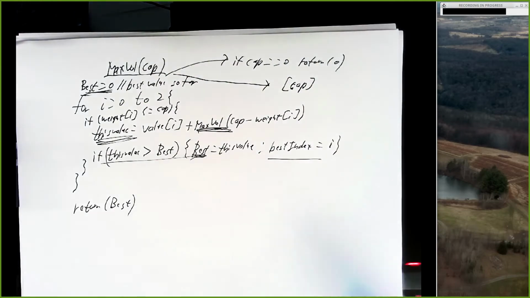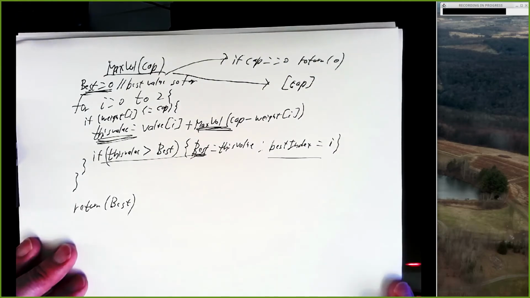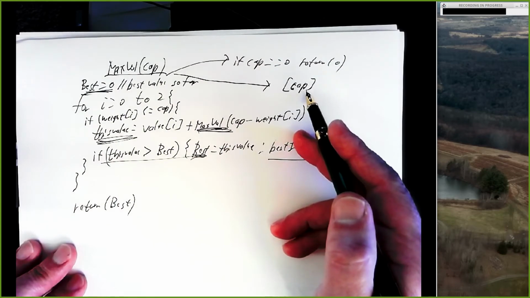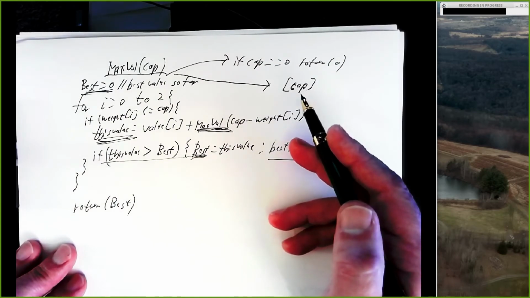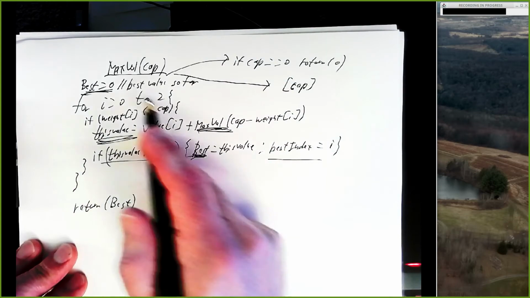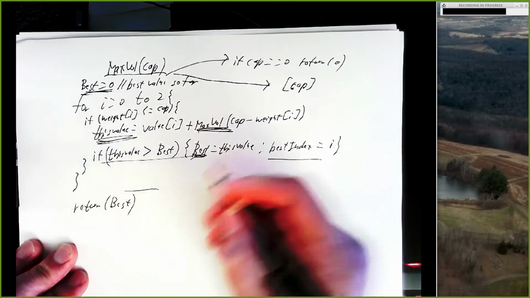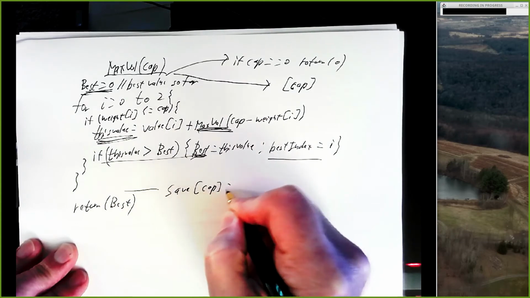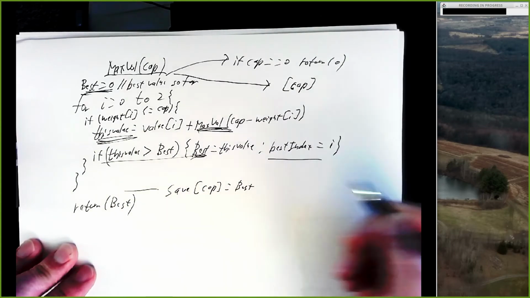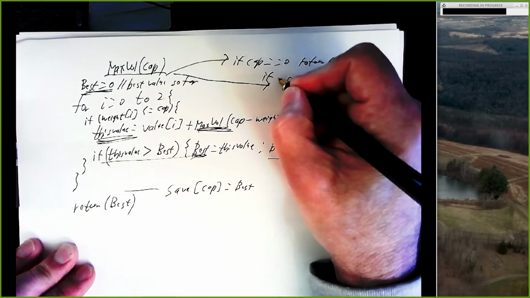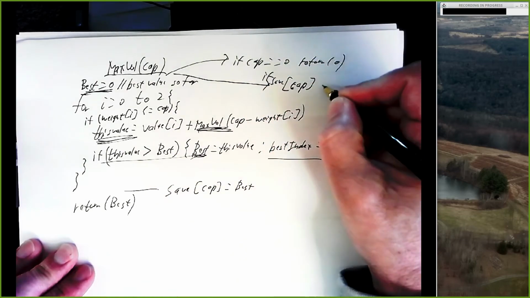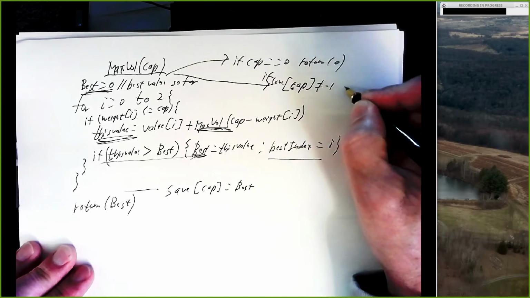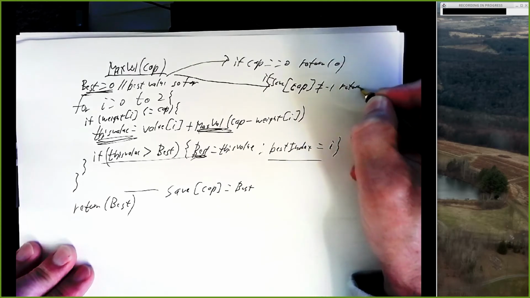So maybe initialize your array to -1. And so check to see if element cap in your array is -1. If it is, this is the first time you're calculating this capacity. Go ahead and do all this work. And then at the end, save bracket capacity equals best. And so in the beginning, if save bracket capacity is not equal to -1, you can just return that.